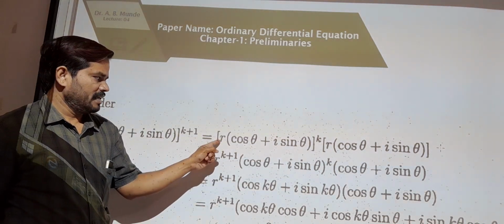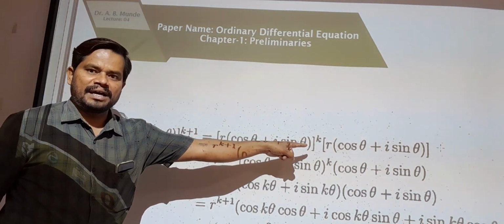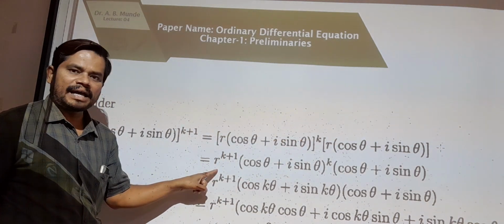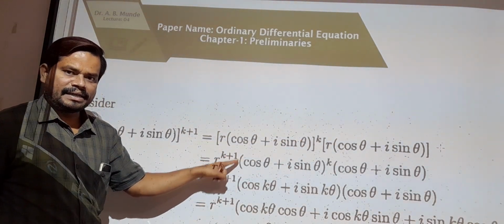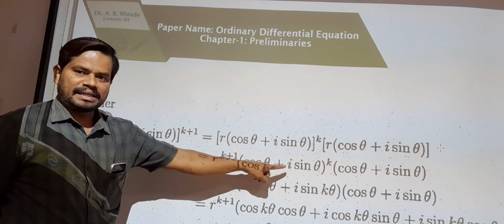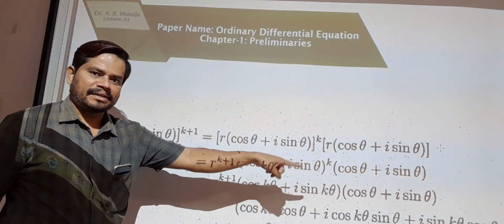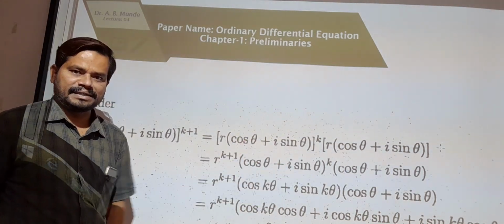So just take this r raised to k and this r outside, we get r raised to k plus 1, and write in the bracket cos theta plus i sin theta raised to k, and in another bracket cos theta plus i sin theta.